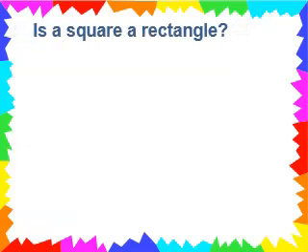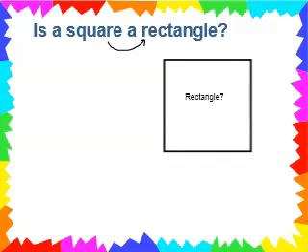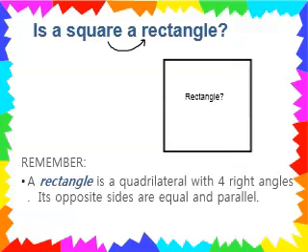Now let us ask ourselves a question. Is a square a rectangle? For the square to be a rectangle, it should satisfy its properties. Remember that a rectangle is a quadrilateral with 4 right angles and the opposite sides are equal and parallel.